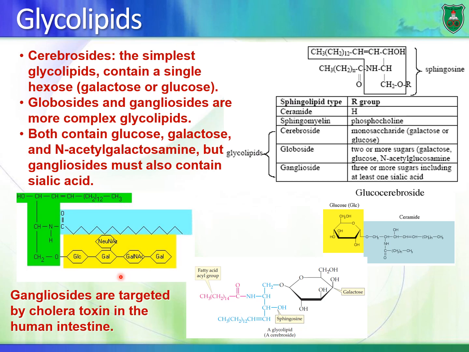You have a chain of sugars. Now, the difference between globosides and gangliosides is that gangliosides contain sialic acid, and remember that this sialic acid would be the very last sugar attached to that chain. Now, gangliosides are targeted, by the way, by the cholera toxin in human intestines, and that's why you have the effect of cholera toxin.